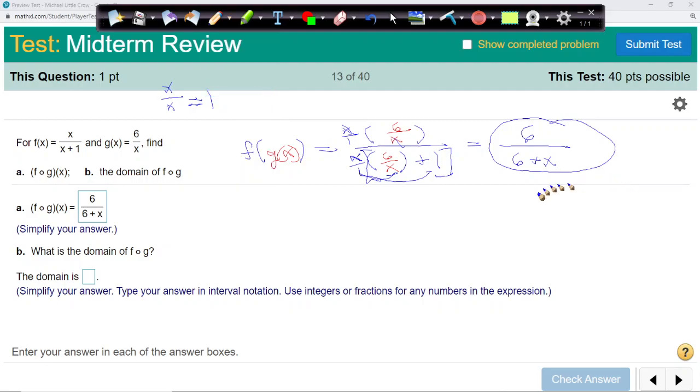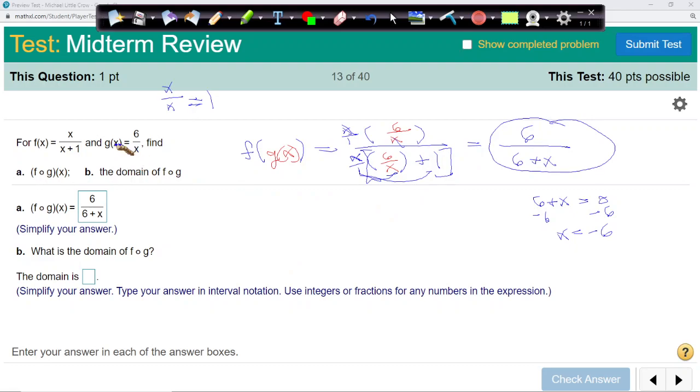We take our denominator and ask, what would make it equal to 0? Then we can have everything in our domain except that. So we subtract 6, and if x is negative 6, we have division by 0. So it's going to be everything except negative 6.